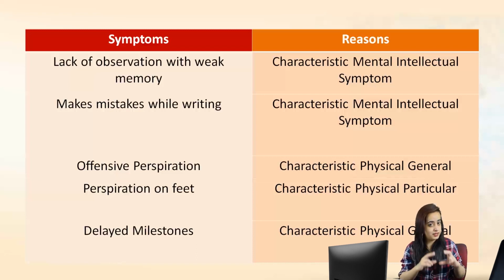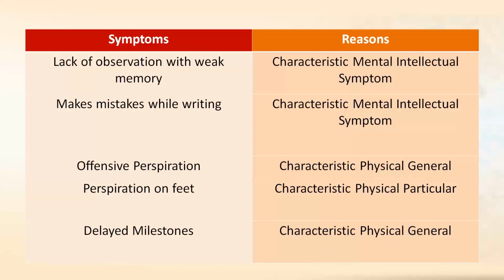So, these were the mental symptoms that we took into consideration in our totality. Next, we have the physical general symptom, which is offensive perspiration. After this, we have taken perspiration on feet as it is a different symptom, and this makes it a characteristic physical particular symptom.